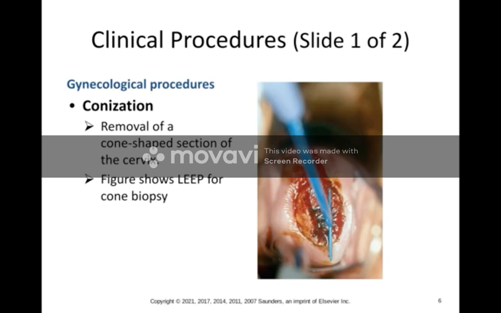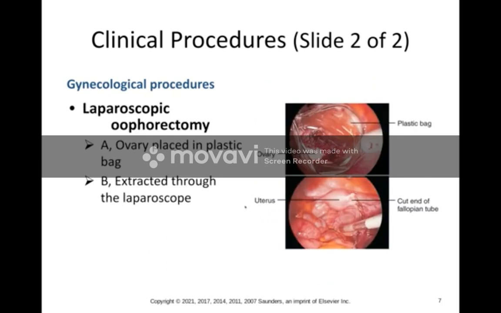Conization is a gynecological procedure, which is a removal of a cone-shaped section of the cervix. This figure shows a LEEP for a cone biopsy. There's also a laparoscopic oophorectomy. This is when the ovary is placed in a plastic bag and then extracted through the laparoscope.